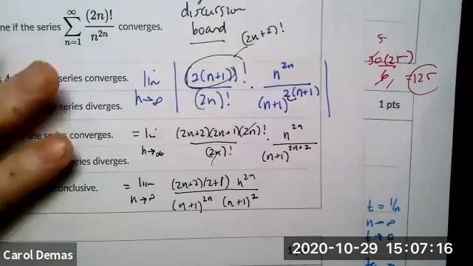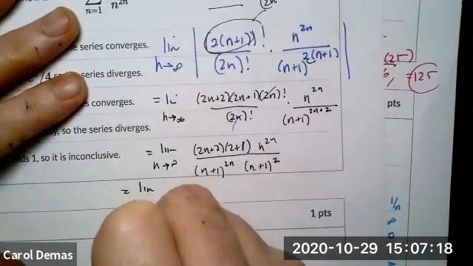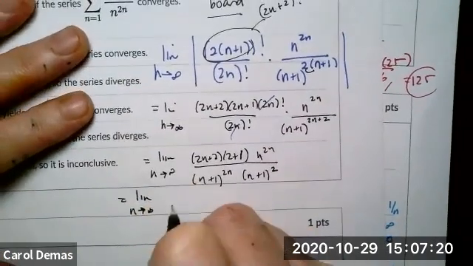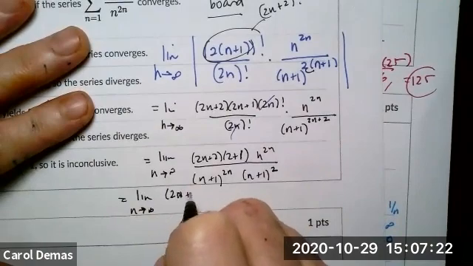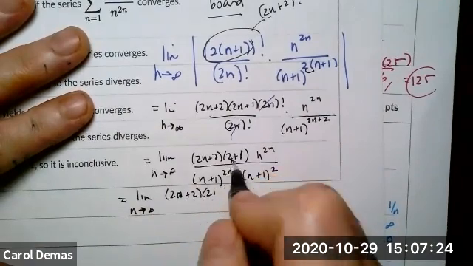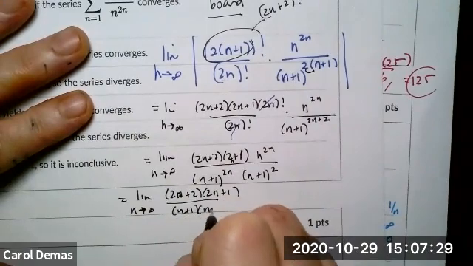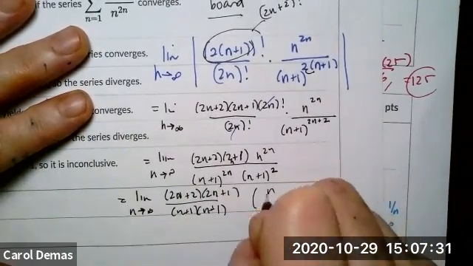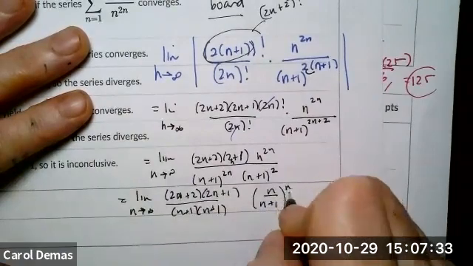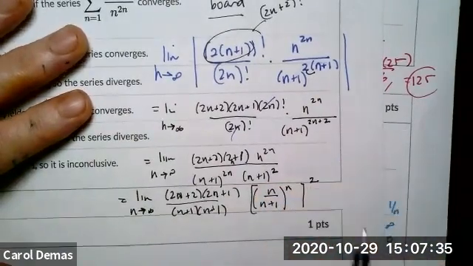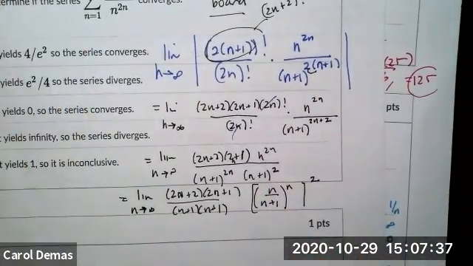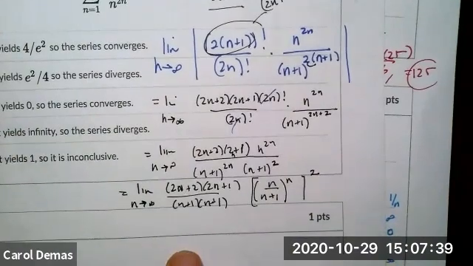So we can rearrange the furniture. We'll have (2n+2)(2n+1) over (n+1)(n+1), and then we'll have (n over n+1)^(2n).